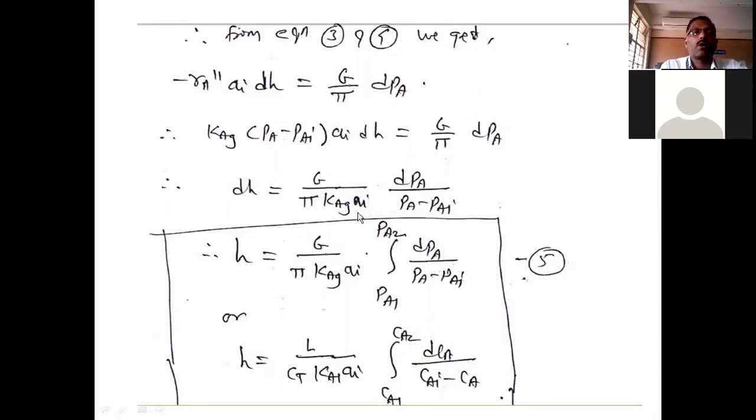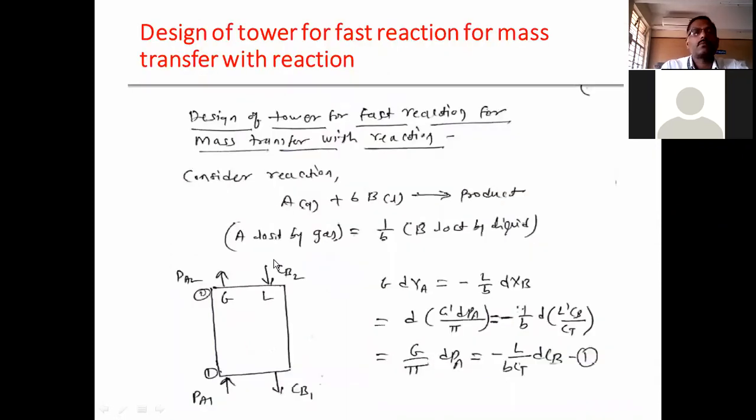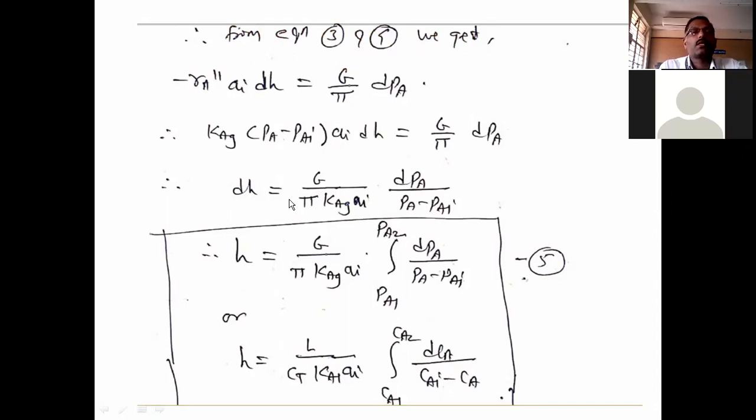In the previous lecture we have seen that kg into AI is the volumetric mass transfer coefficient. So dH is equal to G upon pi into kg into AI, into dP upon (PA minus PI). Now integrate this equation. This is dH, a small section of the tower, and the summation of all these dH is the total height of the tower.